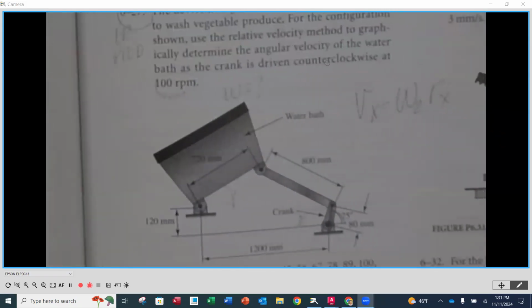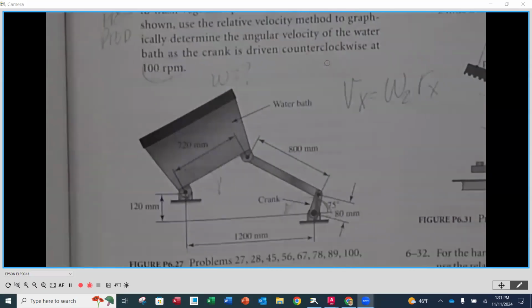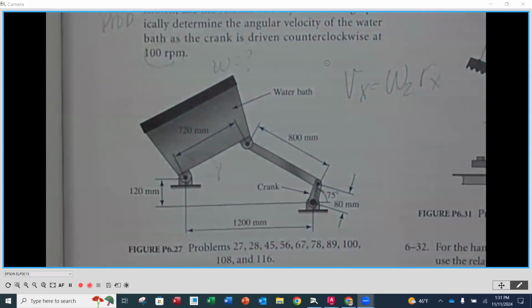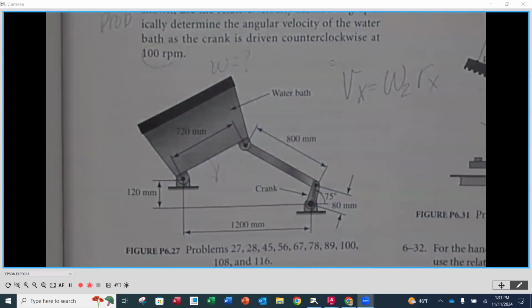We want to start by drawing the kinematic diagram for this, okay? We'll go like this. And we'll read the problem statement after we kind of get things in order here. So go ahead and draw the kinematic diagram for this problem. Problem 627 on page 163.